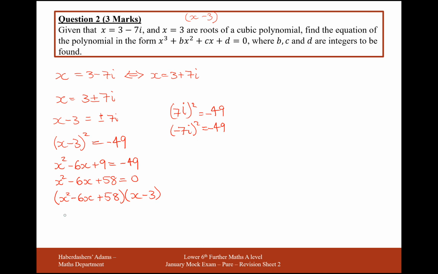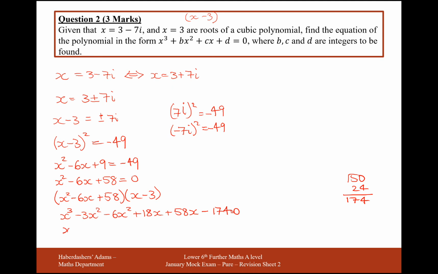So expanding these brackets, we're going to get x cubed minus 3x squared minus 6x squared plus 18x plus 58x minus 58 times 3, that's 150 and 24, 174. So minus 174 equals 0.